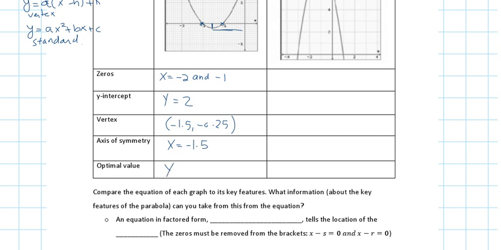Now, let's look at the x-intercepts here, or the zeros, where are they?